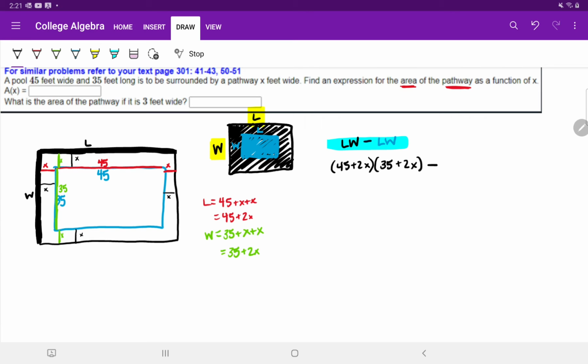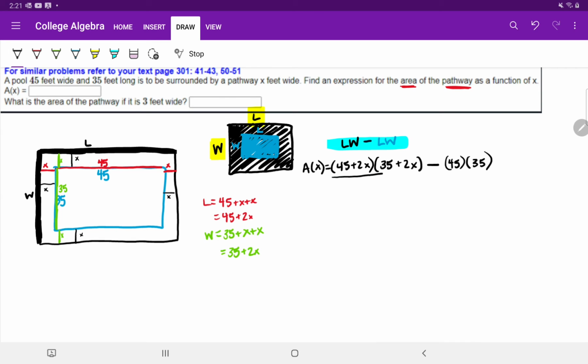And then minus the inside length times width, that would be 45 times 35. So this is our area formula. We can write this as A of x equals, but we want to simplify this a little bit, especially since looking ahead I can see that some things are going to cancel.